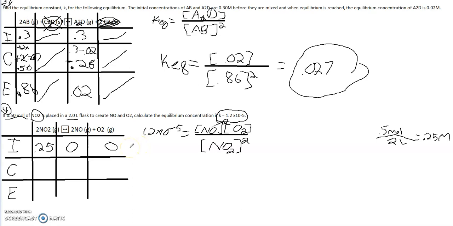Now, the second thing that you're going to do is fill in your change for this one. And the reason you're going to do that is because, once again, you are making some assumptions. Recall back when we did the activity on Friday, and I put all the paper balls on one side of the room and I told you guys to start. Initially, each one of you, at least the ones that were participating, picked up a paper ball and threw it all the way to the product side.